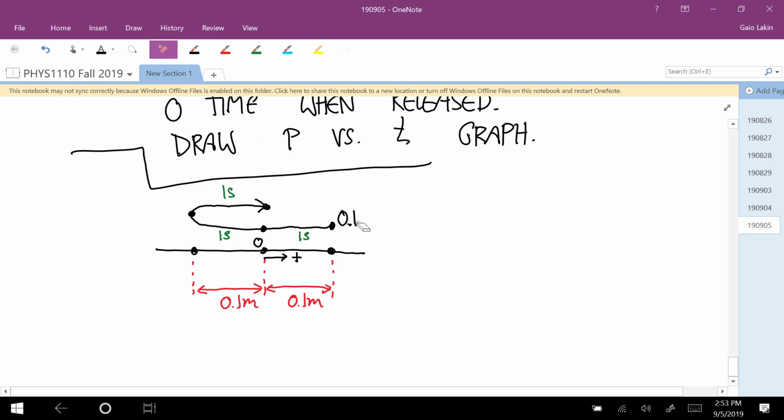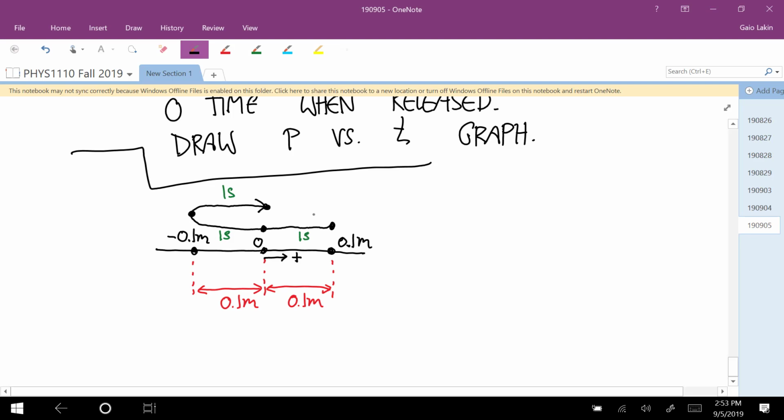And if you start at 0 and go 0.1 meters in the negative direction, what's the position at that point? Yep, negative 0.1. And now we have to think about the times at these instants.